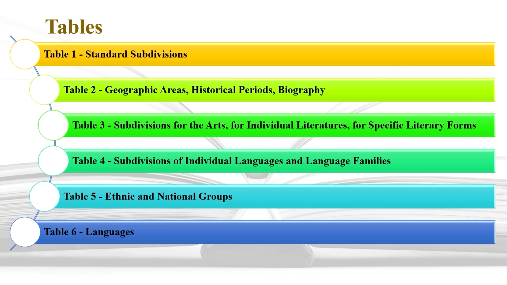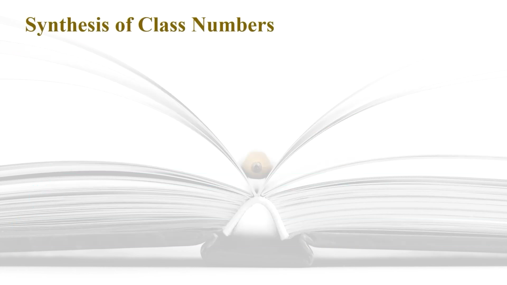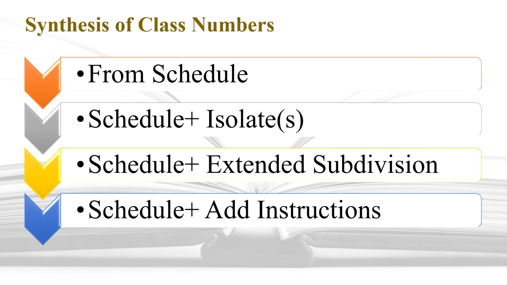So how can we synthesize a number with the help of the class number from the schedule and the isolate ideas from the tables? Actually, we can do it in 4 ways. That is, a direct number from the schedule, or we can use one or more isolates from the tables. There are also some extended subdivisions in different classes or groups of classes, which we can use to synthesize our number.